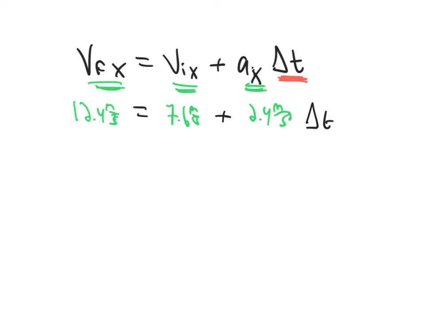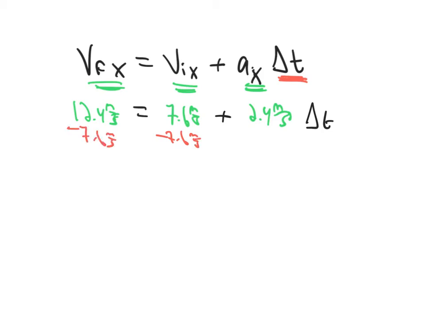Then we just do algebra. And in general, I will not do algebra for you because algebra fluency is a requirement for this class. But as a reminder, after maybe a long time since you've done a lot of problem solving, for instance, here we need to isolate delta t. So the very first thing, we want to get it by itself in a term. So we need to get rid of everything that isn't a term involving delta t. So I'll subtract 7.6 from both sides.